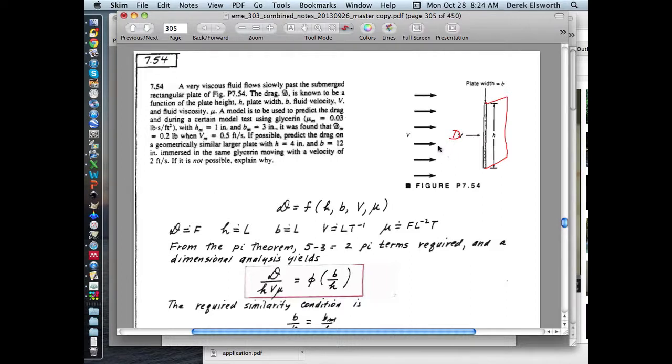So viscous fluid flows past this, presumably at some velocity, and exerts some force on it that you have to act against to hold it in place. The plate has some dimensions, which are a height and a width.